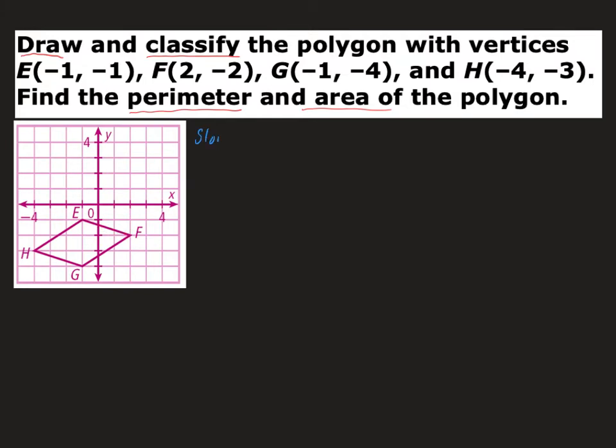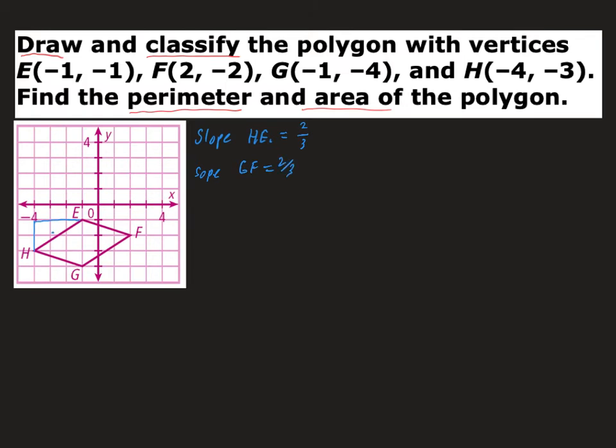So the slope of HE will just be the change in y over change in x, and that will equal 2 over 3. Okay, and then the slope of GF is also 2 over 3.